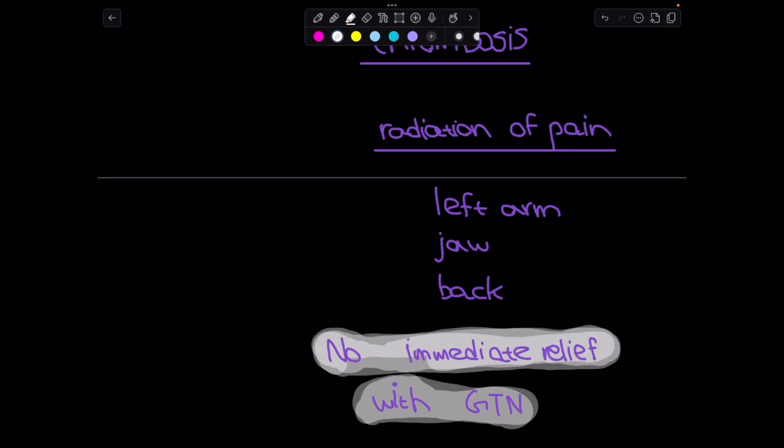However, in STEMI or NSTEMI, GTN may provide partial or no relief if the pain is due to significant infarction from a fixed obstruction, requiring reperfusion therapies like PCI. Want to explore GTN's mechanism or other ACS treatments?